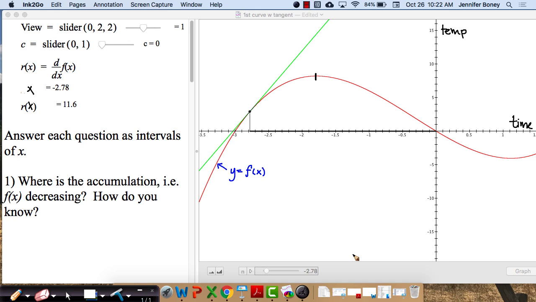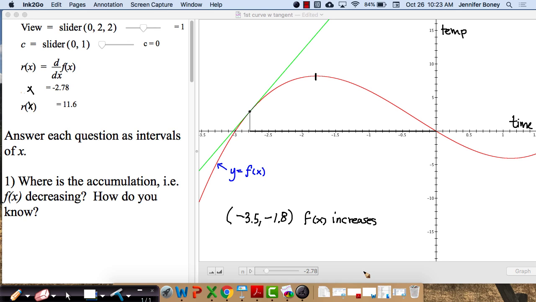So we've looked at all sorts of different graphs. This one is just a graph of an amount. In this case, it's a temperature or an accumulation of things, however you want to think of this. But from the beginning of this graph that we can see, negative 3.5 through about here, maybe negative 1.8 or so, on that interval, f of x increases, or the temperature increases.